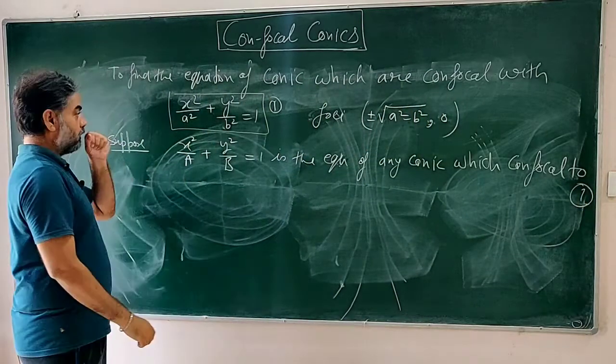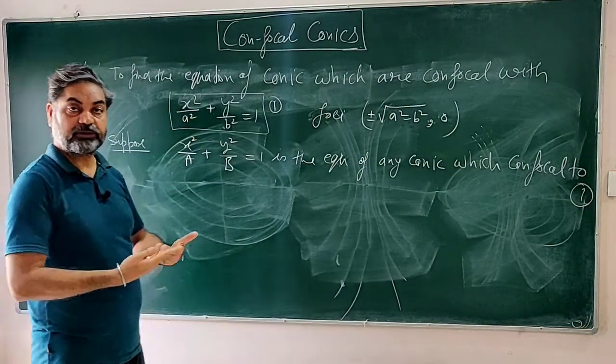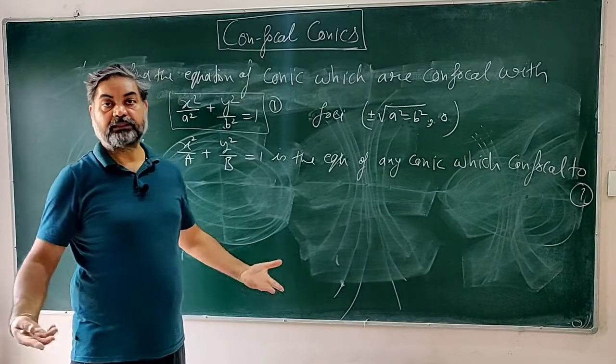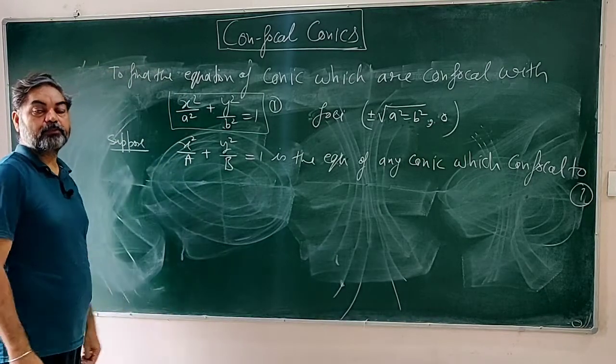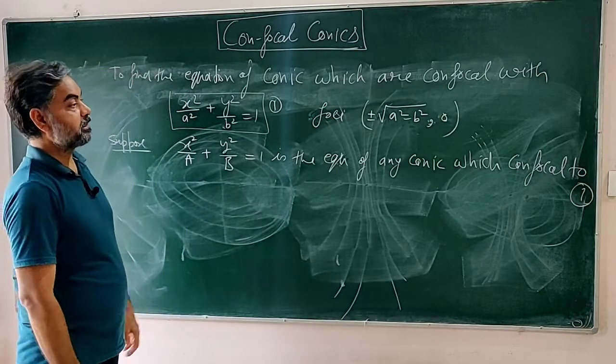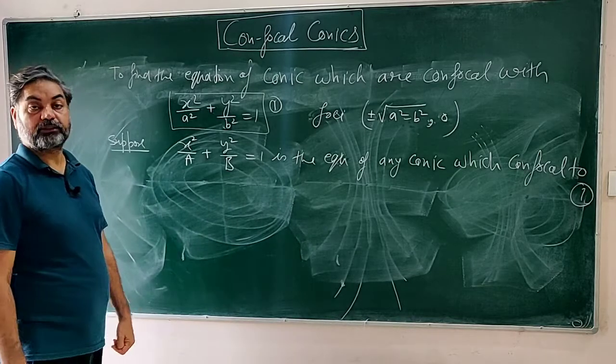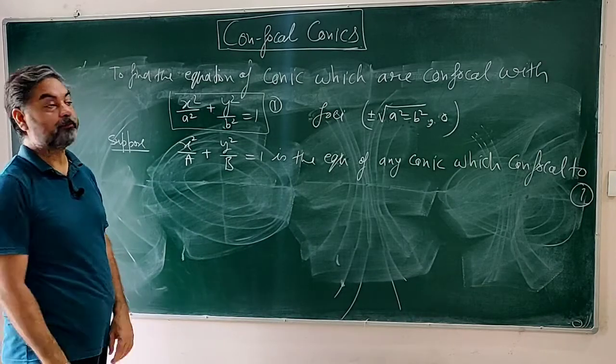Because confocal conics have the same center and same axis, major axis, minor axis, or transverse axis and conjugate axis, and they have the same foci.